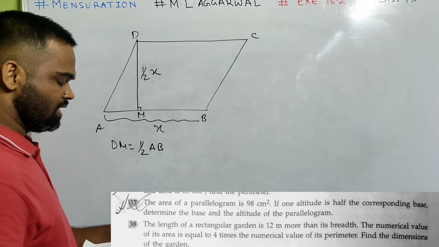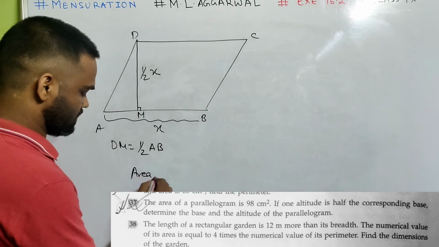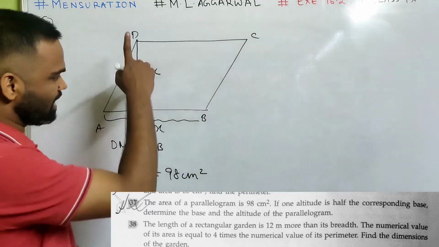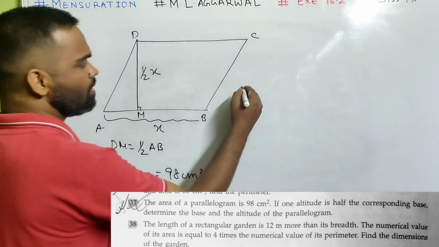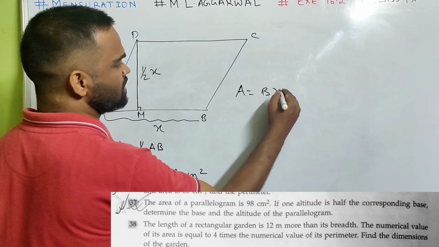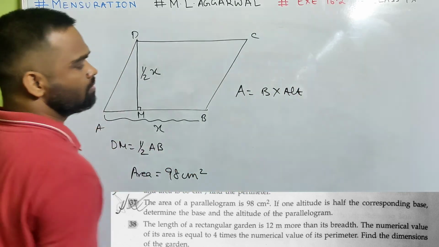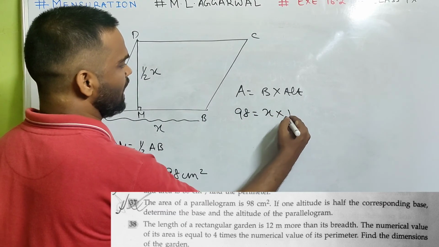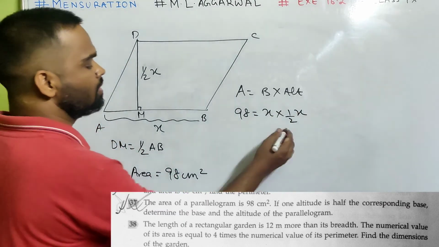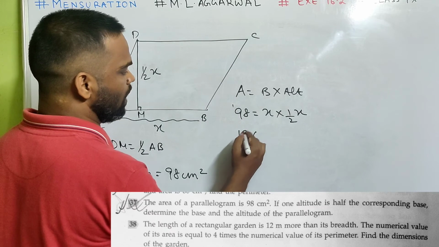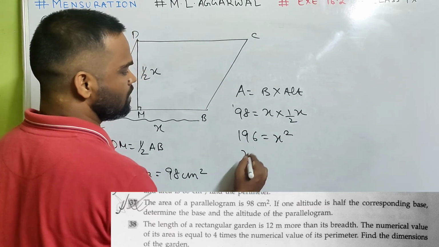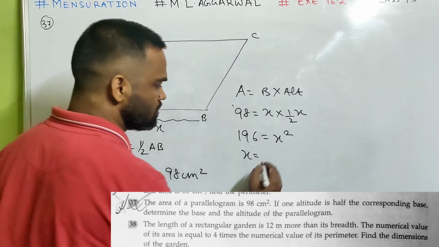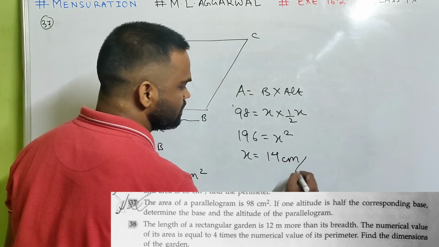Now what they have given? They have given the area. Area is given as 98 centimeter square. They need the base and the altitude. Very easy. Area of a parallelogram is base into altitude. So area is 98, base is x, altitude is half x. That's 196 equals x square. So x will be the square root of 196, which is plus minus 14. So we'll take 14 centimeter.